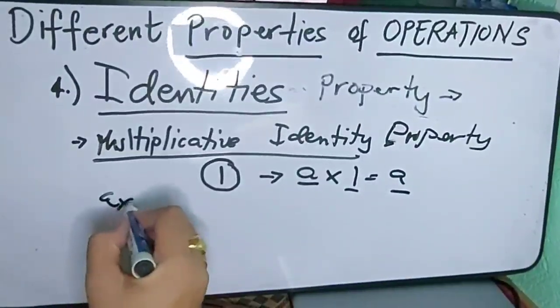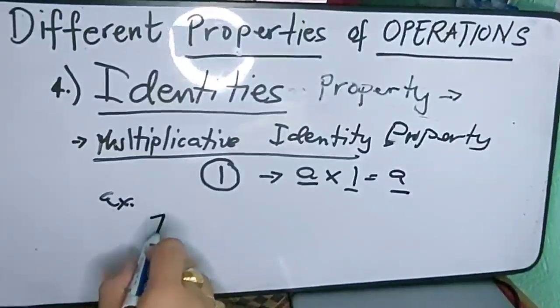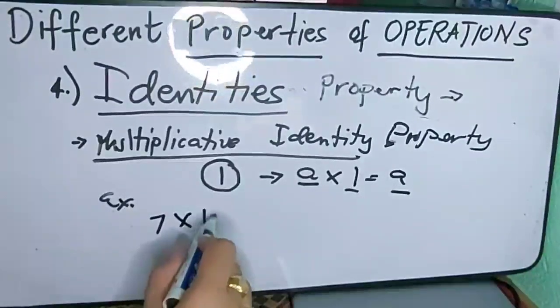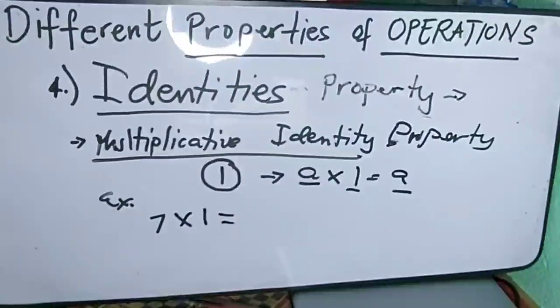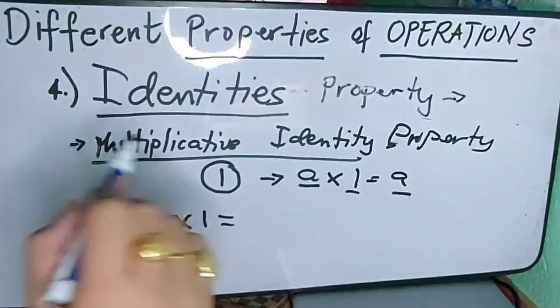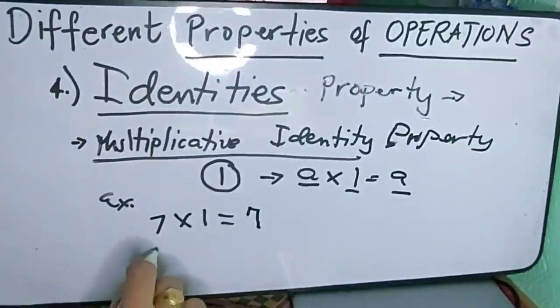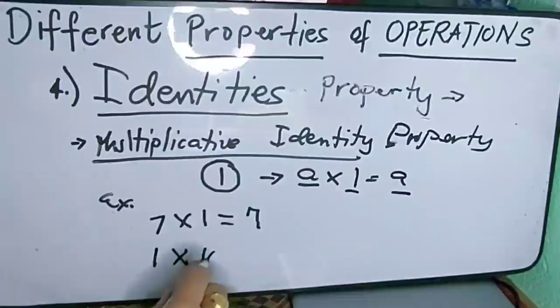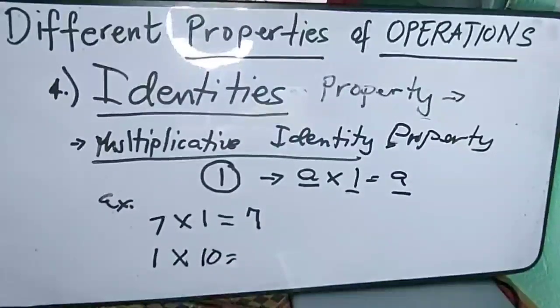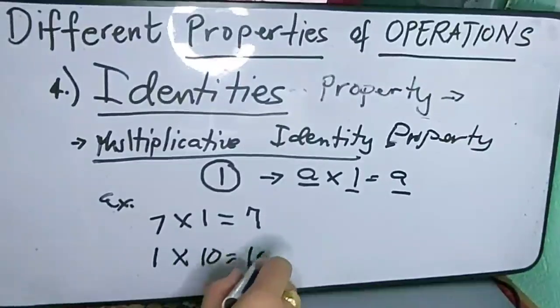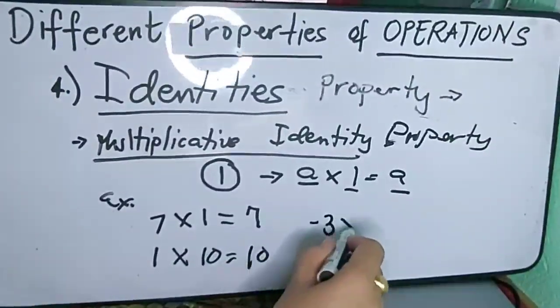Example. 7 times 1. What is the answer? What number did we multiply by 1? 7. So the product is 7. Very good. 1 times 10 is equal to what? 10. Very good. Negative 3 times 1.